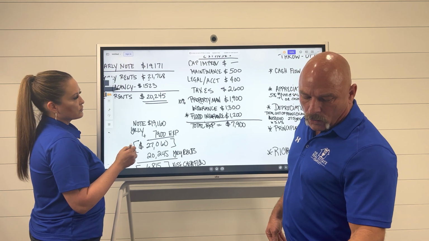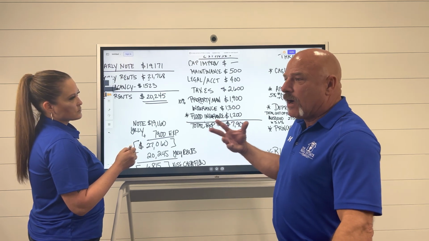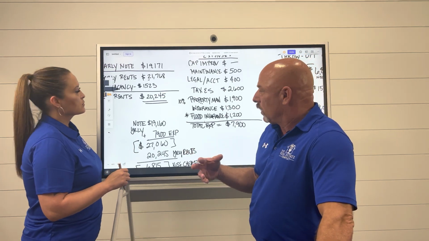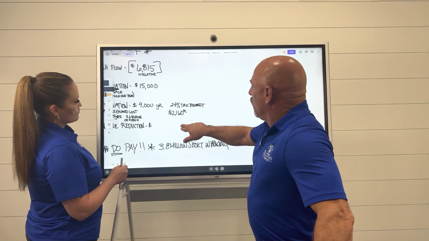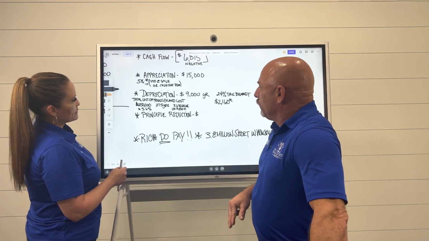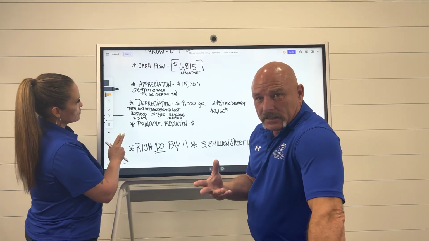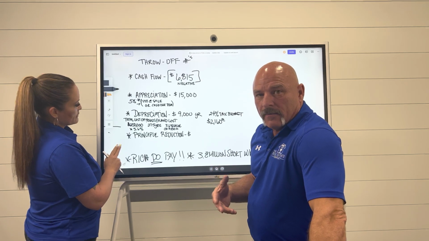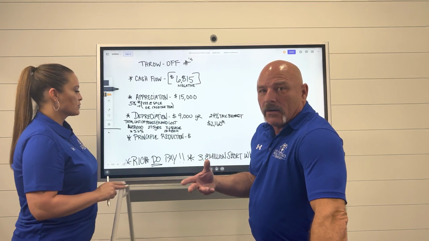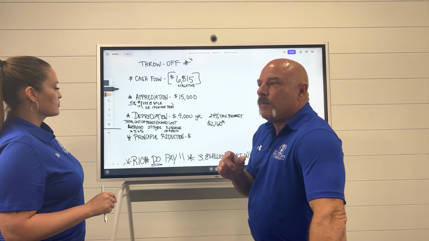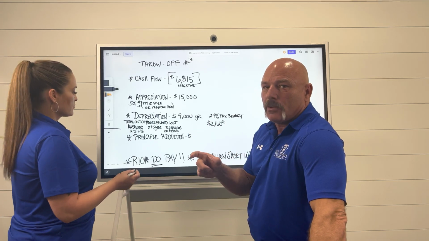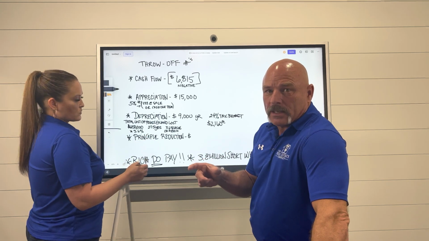So if we do our calculations and we look at the principal reduction that we get on that, every year when you pay your note, at the end of that year, there's a certain amount of money that was applied to your interest and a certain amount of money that was applied to your principal when you were doing your payments every month.